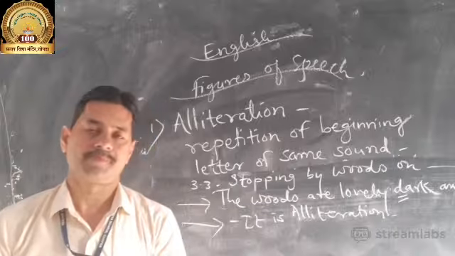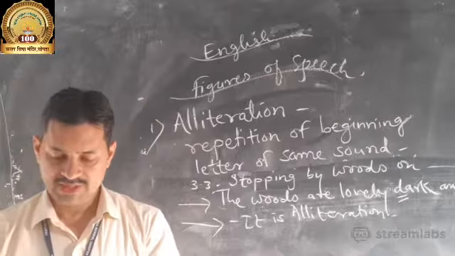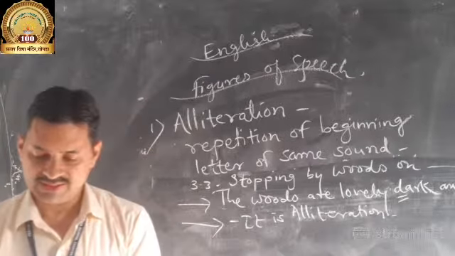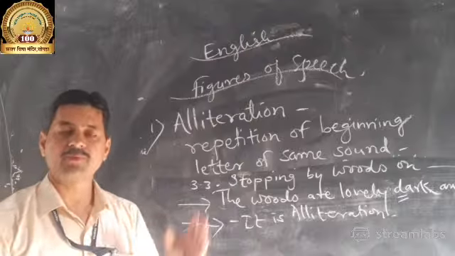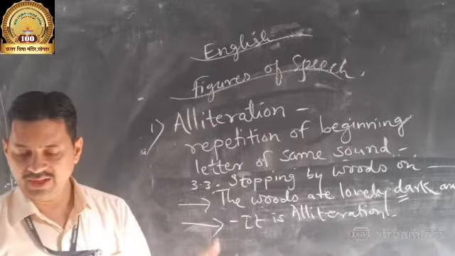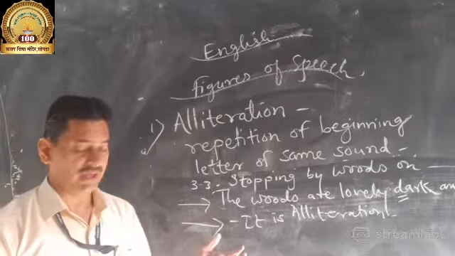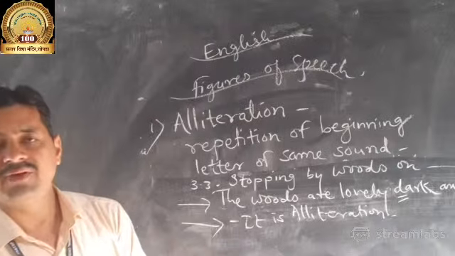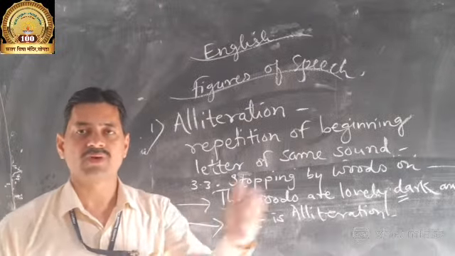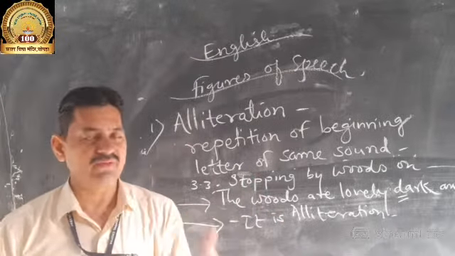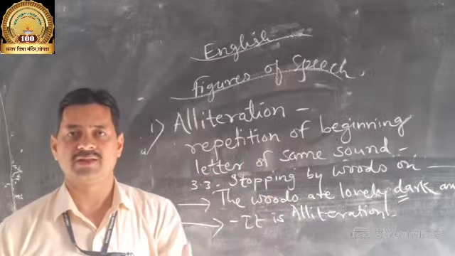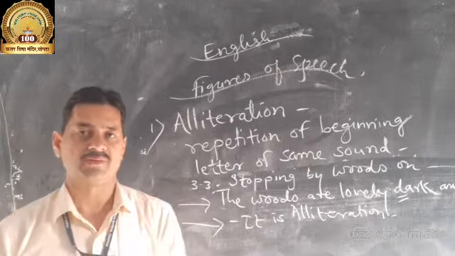Again we have one poem, 4.1, that is The Word Is Mine. In that poem you can see: I envied her, she seemed so gay. Now in this line you can find that the S letter is repeated here, which has the same sound.